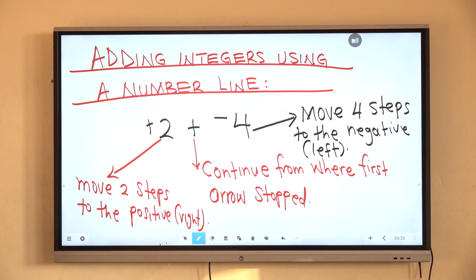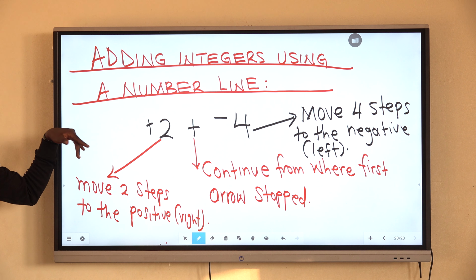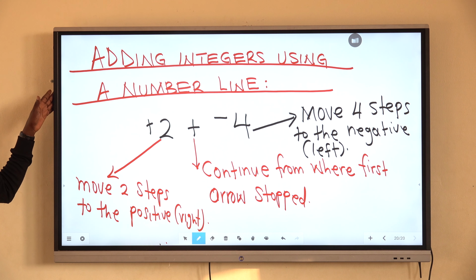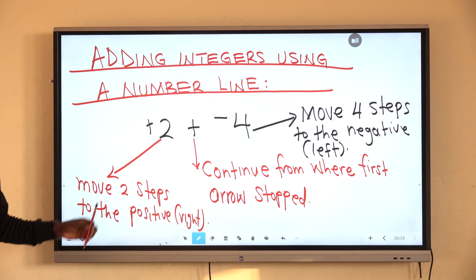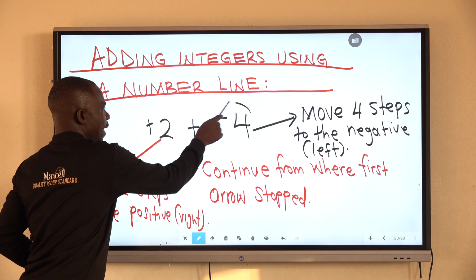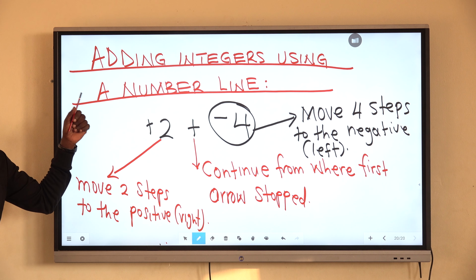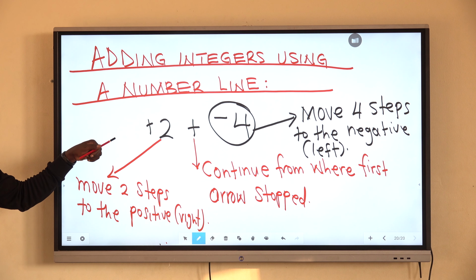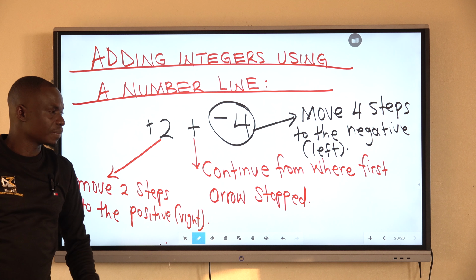Number 1, the positive on an integer represents movement to the positive or forward movement. If there is a negative on an integer like this one, that one represents the movement to the negative side, or sometimes we call it you're moving backwards.